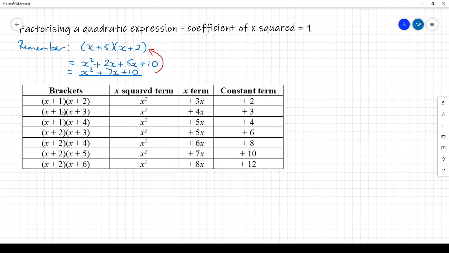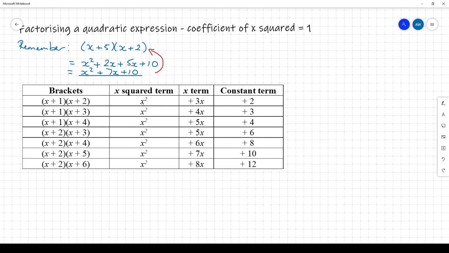Now you may spot that the x in each of the brackets comes from the fact that we've got an x squared term. So when you multiply those two x's together, that's how we get our x squared. So if we're factorising a quadratic expression where we only have x squared, then obviously we're going to need an x at the front of each of our brackets. Otherwise, when we multiply them, we won't get our x squared term. So the x times the x gives the x squared.